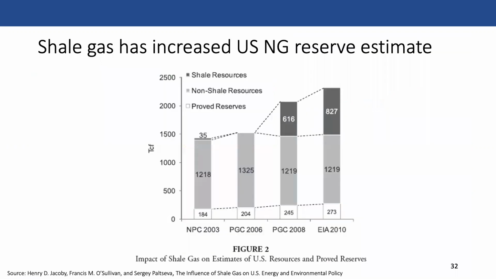Okay, so it's increased natural gas reserves. This is what Facundo was mentioning before, right? These are measured after the fracking technology became available, and you can see that the shale resources that haven't been taken advantage of yet increased very suddenly.